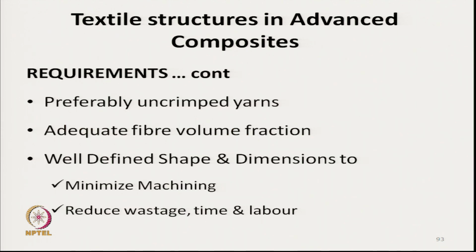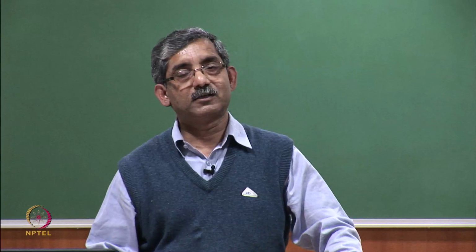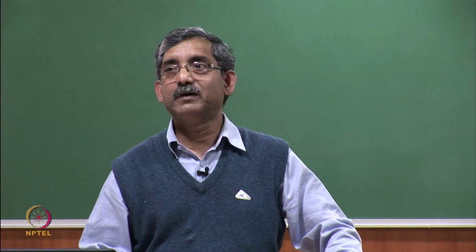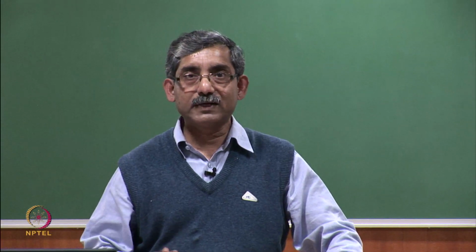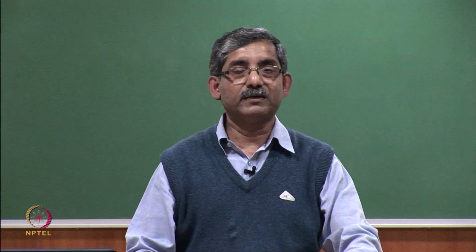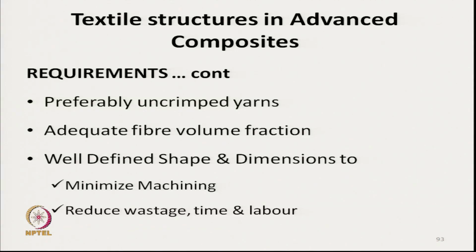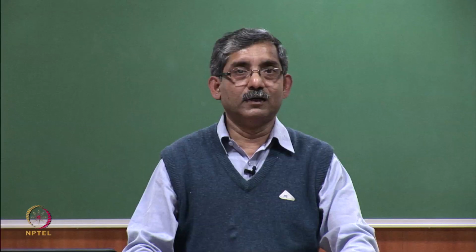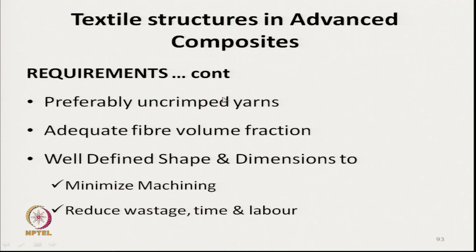Normally in weaving the yarns are in crimped form, but for composite it is preferable to have crimpless yarn, which will actually enhance the tensile characteristics and give better load share of the reinforcing component. Fiber volume fraction is another important requirement.